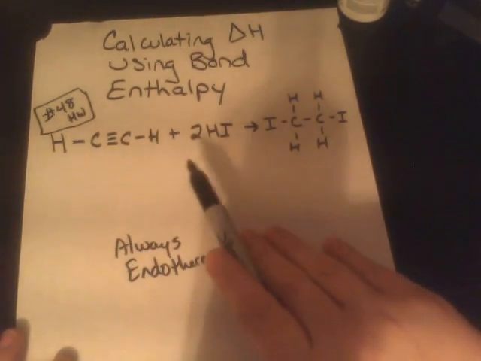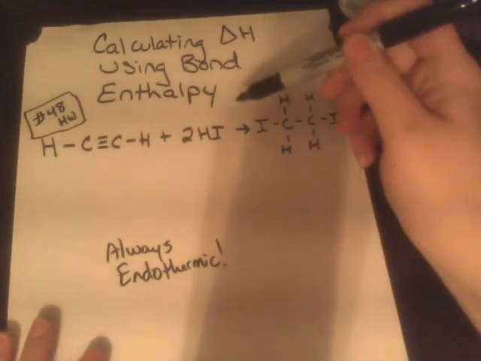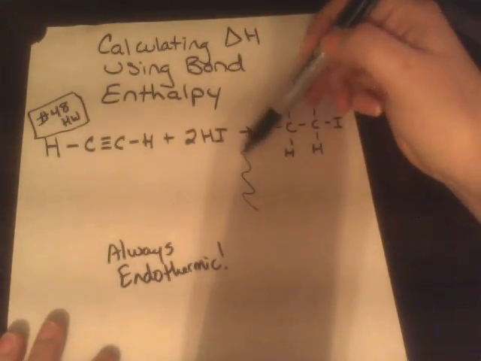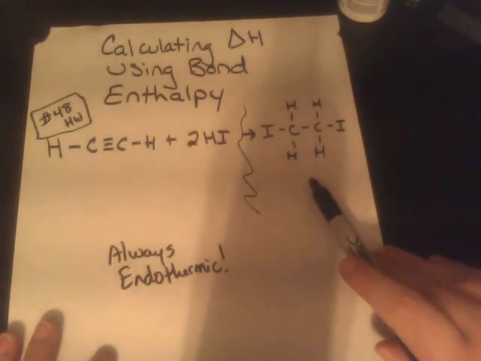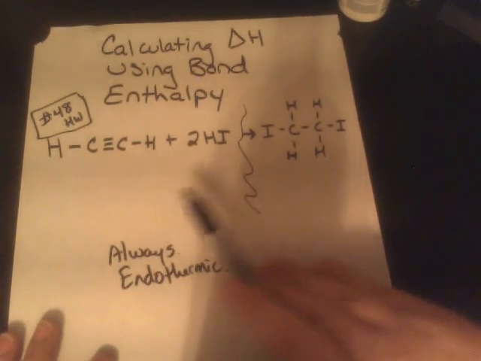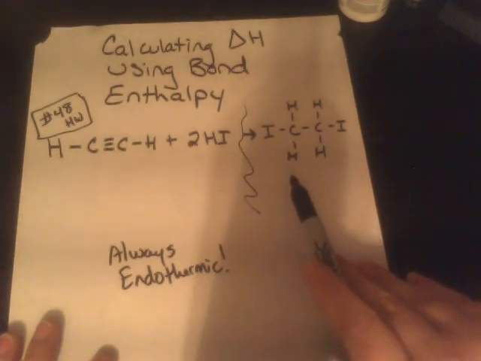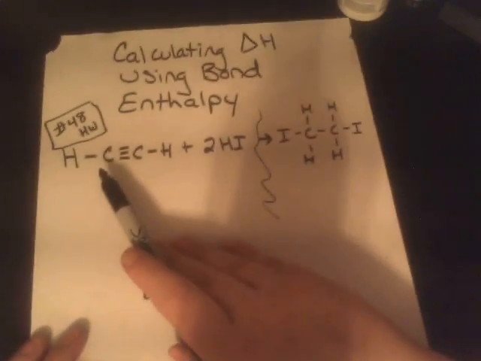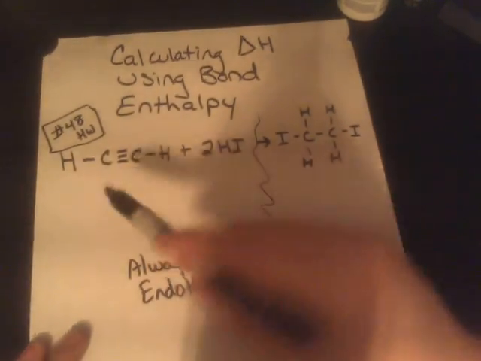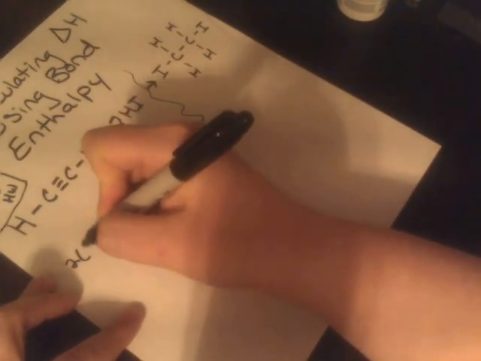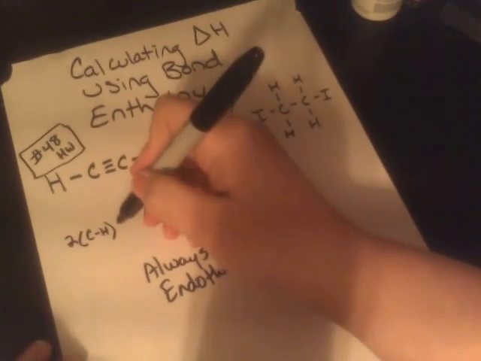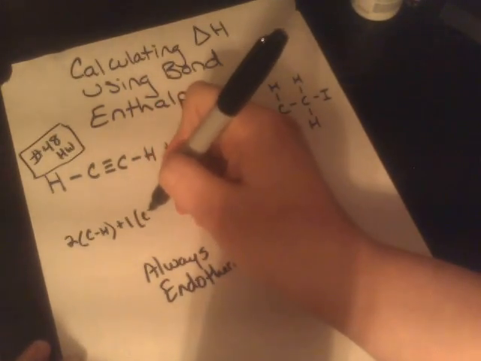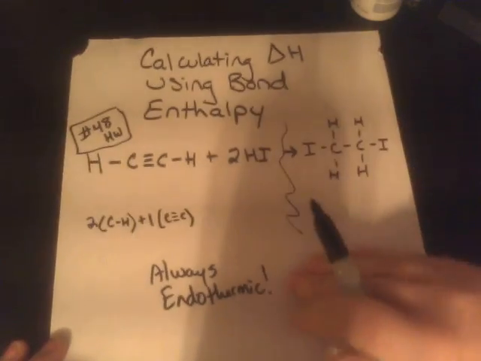So in order to calculate this, I would make sure that I very clearly saw what my reactants and my products were. Let's go ahead and on each side list the type of bonds that we have. Over here, it looks like we have 2 of the C single bond H's, and 1 of the C triple bond C bonds.